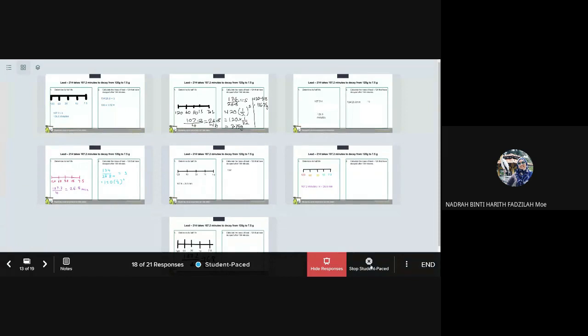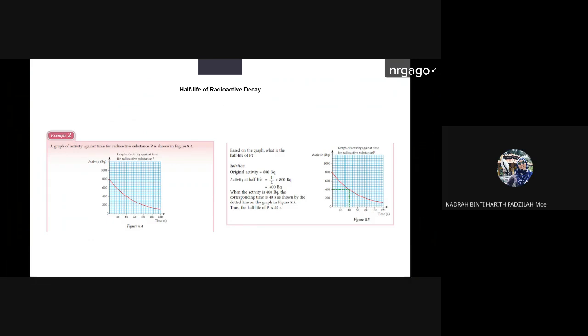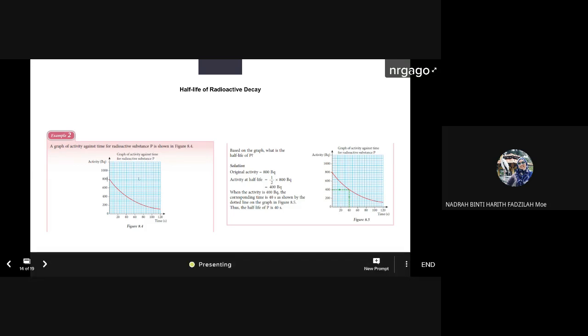I will change it back to student pace for you to answer. I go to slide 14 first. Another way to determine half-life of radioactive decay is by observing a graph of activity against time for radioactive substance P as shown in figure 8.4.